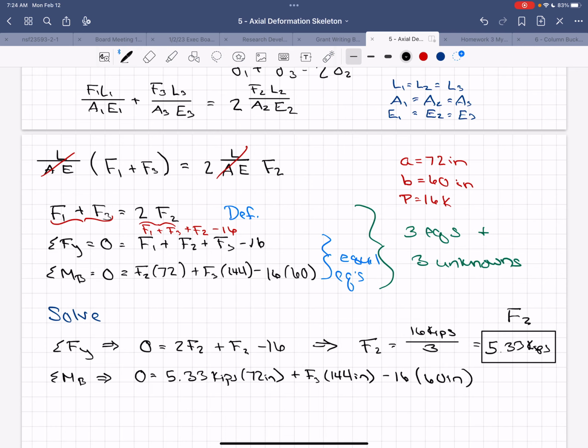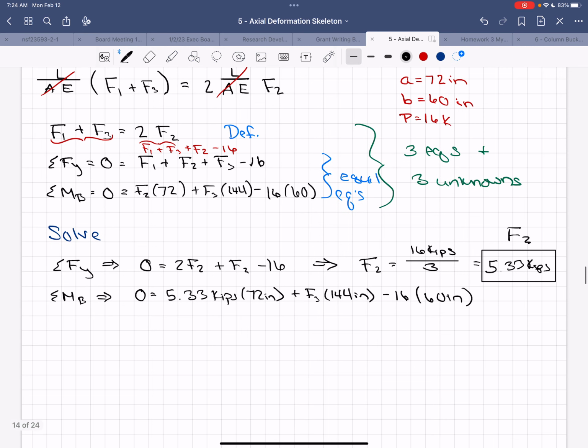So now we have F3 equals 4 kips. Okay, we have 2 of our 3 forces.